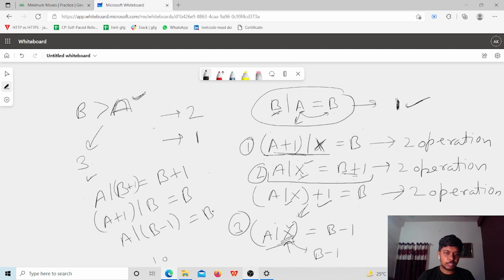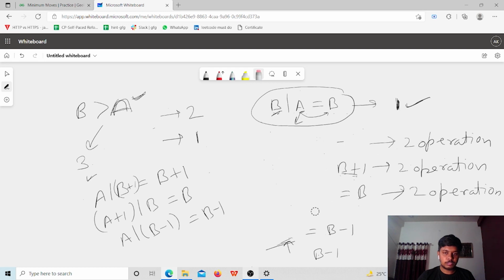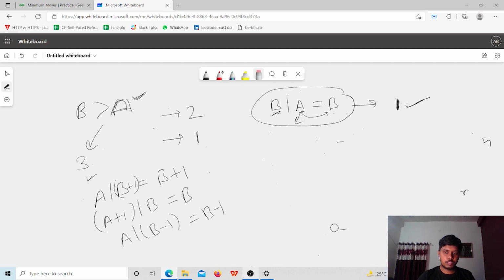If this is equal to B minus 1, then we can say that we can equate A and B in two operations, right? So finally we are remaining with these four conditions. This is the first one, this is the second one, this is the third one, this is the fourth one. So we have to check for these conditions also.